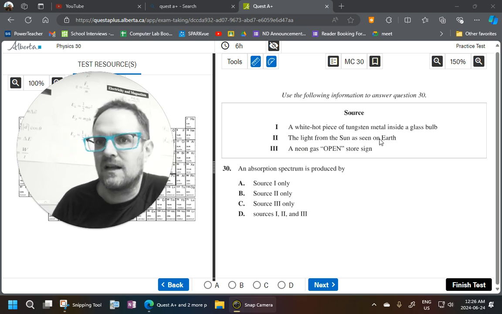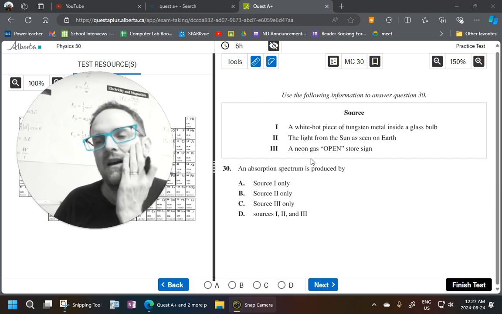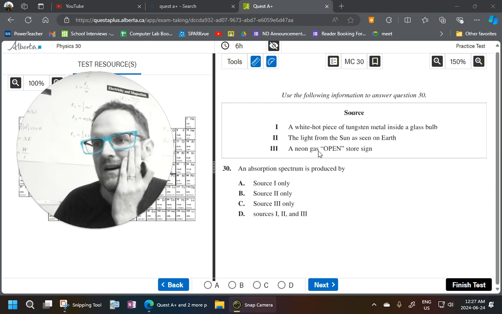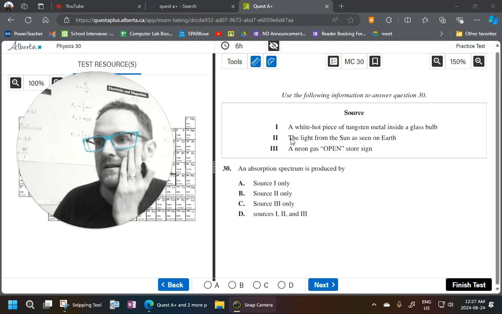Those Fraunhofer lines. I think it's Fraunhofer. The ones they see on Earth is that you see things missing because it has to pass through our atmosphere. And the neon gas is obviously one that's just the emission spectrum, right? Depends on what's inside the glass bulb.